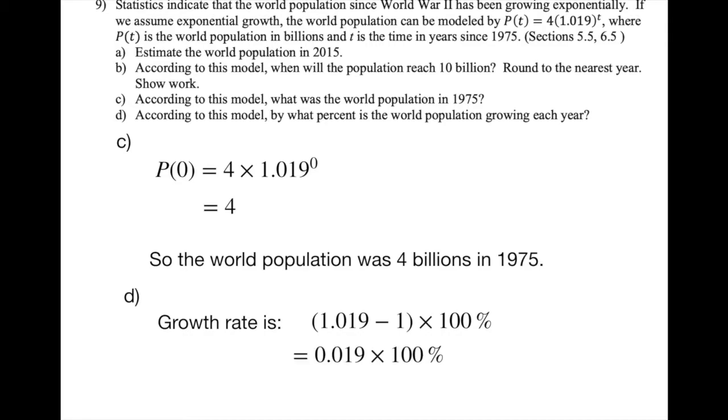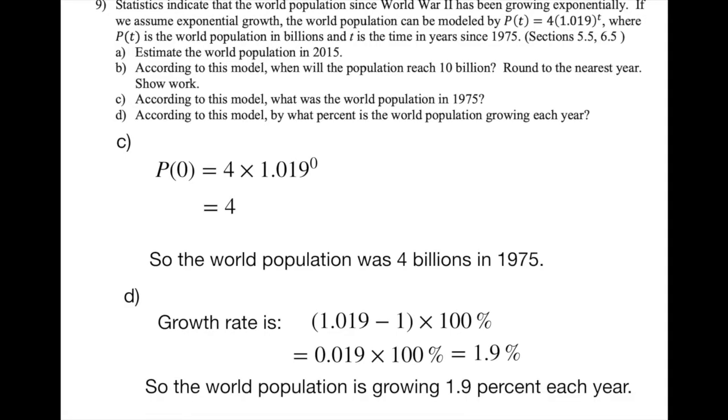That is 0.019 times 100%. In order to change this number into a percentage, you move the decimal point to the right twice. So 1, 2, which is 1.9%. So now you know the world population is growing 1.9% each year.